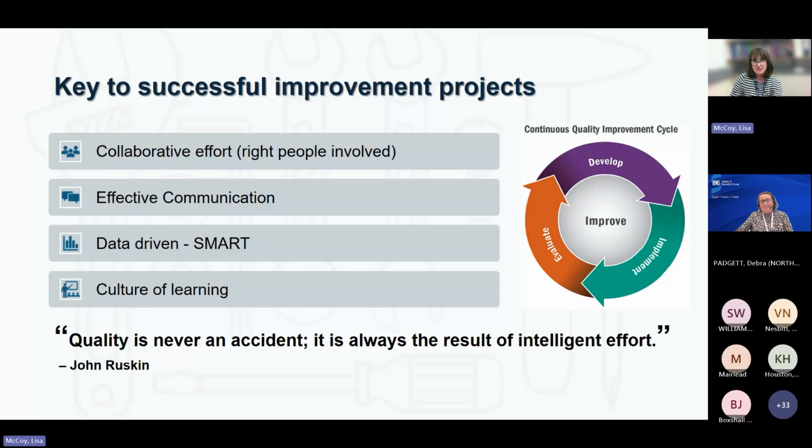That has been a whistle-stop tour of some quality improvement activities and tools that you can use within the laboratory. There's lots of information available on NHS England, and I can share some of that information with you if you would like. I'm going to stop sharing now.